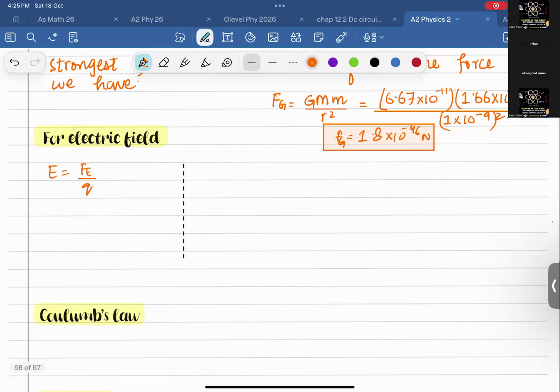And we worked out that the electric force has the formula F equals kQq over r squared, right? So you can substitute that back in.